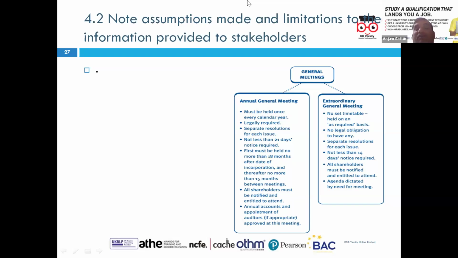Yes, there is also an extraordinary meeting, sometimes when extra things happen and affairs need to be adjusted. Normally the AGM is once a year, and the shareholders with voting rights, the ordinary shareholders, and on tax affairs and all, we can communicate to the various stakeholders through the AGM.